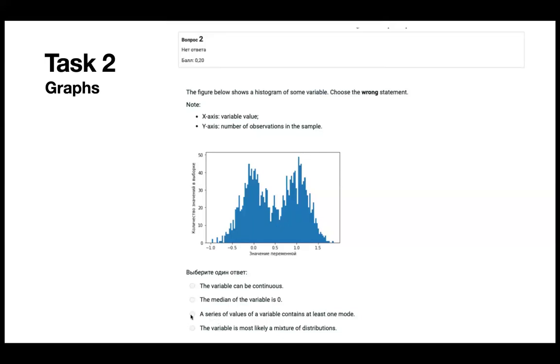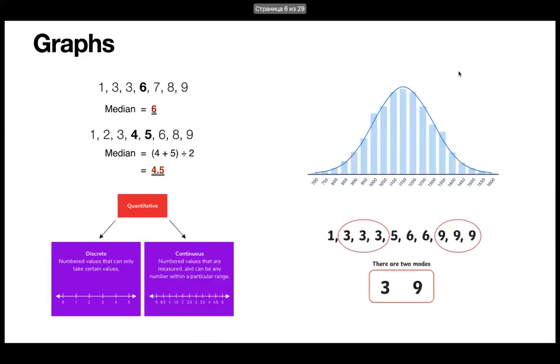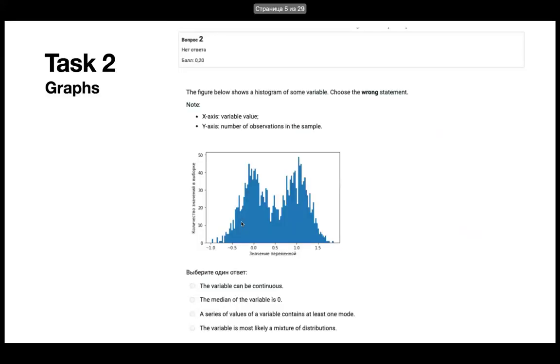So that's also true. And the fourth statement, the variable is most likely a mixture of distributions. How can we know that that's true? We can take a look at the normal distribution, and we can take a look at what our histogram looks like. So it's like a mixture of two normal distributions. So that's also true.